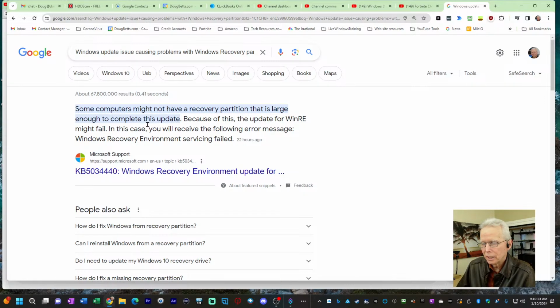Could that have been related? Some computers might not have a recovery partition that is large enough to complete this update. Because of this, the update for WinRE might fail. In this case, you will receive the following error message: Windows recovery environment servicing failed.